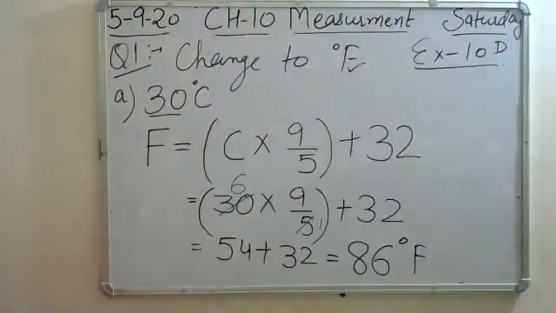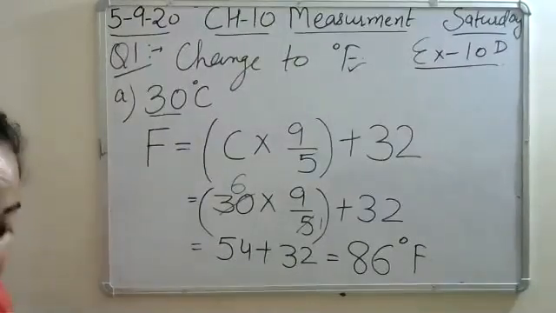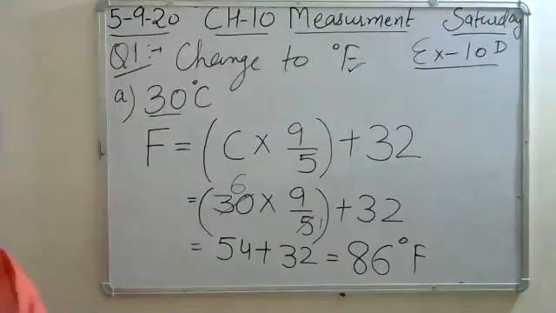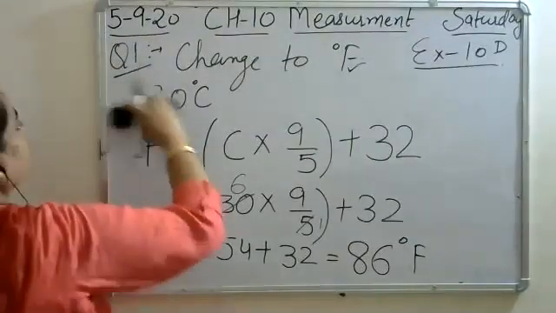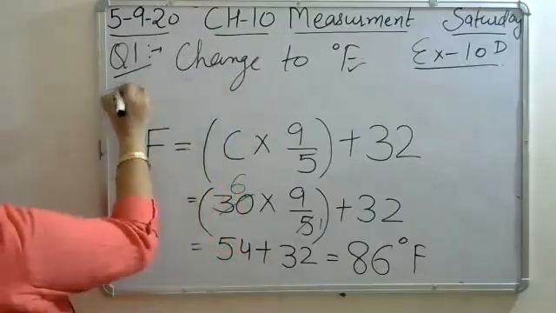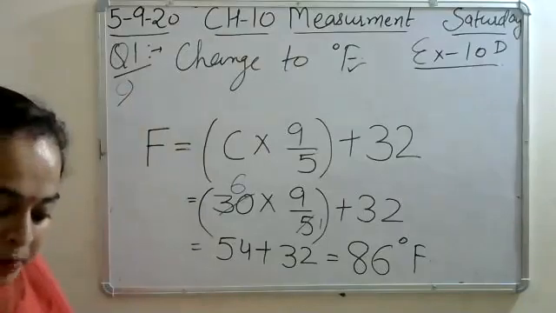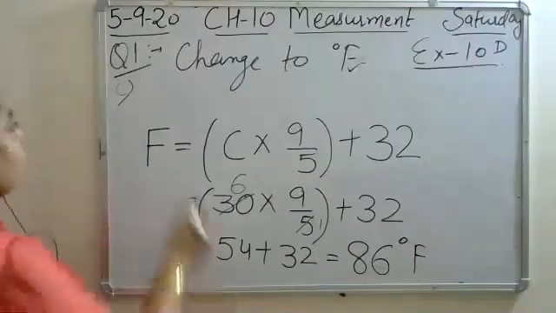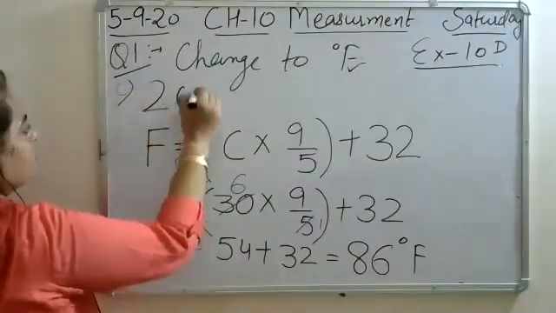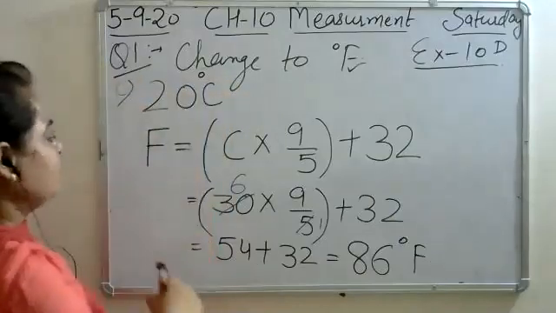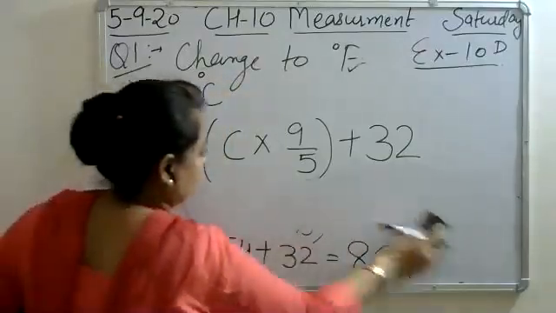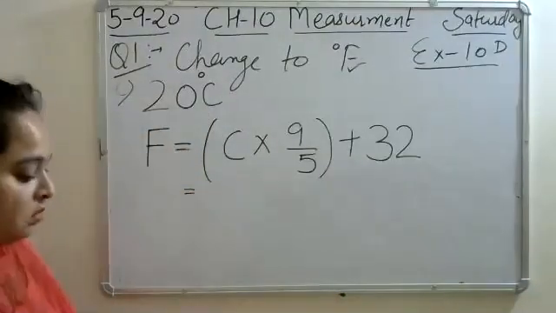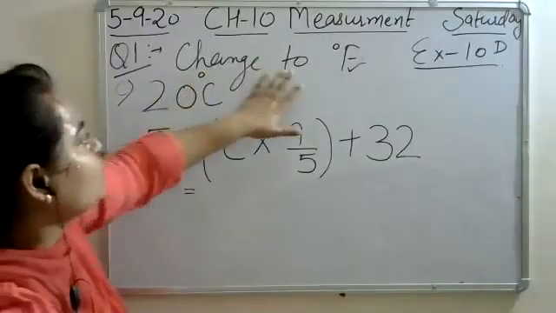After the A part, come to the C part. The formula is the same because the heading is the same. Change to degree Fahrenheit. The C part is 20 degree Celsius. Same formula, because the question is to change to Fahrenheit.